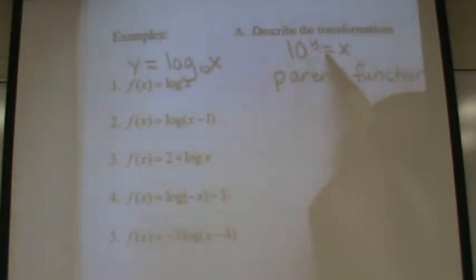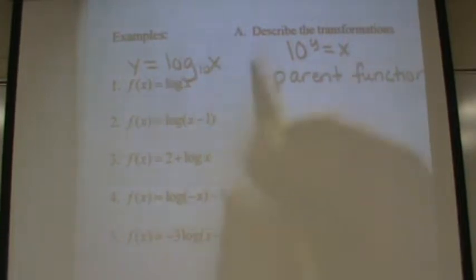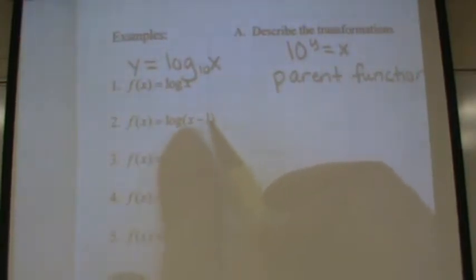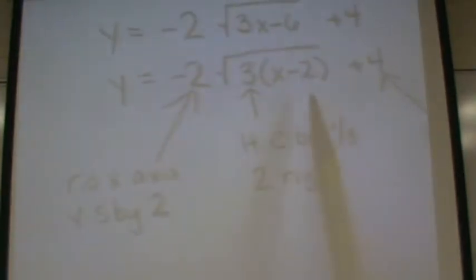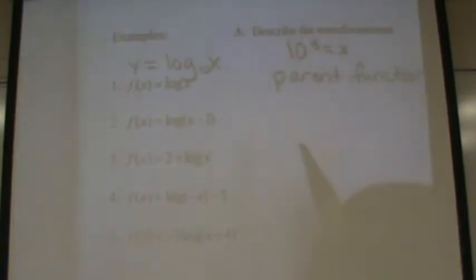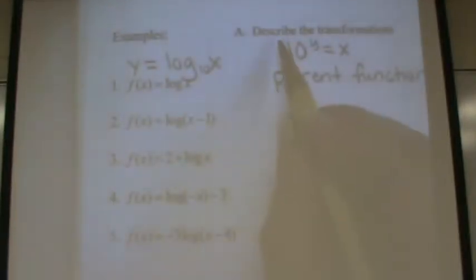So once you establish some points here, now can you tell me how to graph these? Well, this one, whenever you see something in parentheses, it is a shift left or right. So how would you describe this transformation? It'd be a shift 1 unit right.